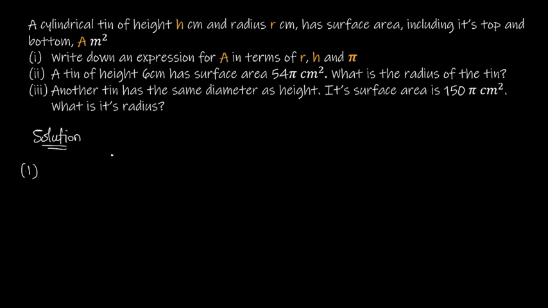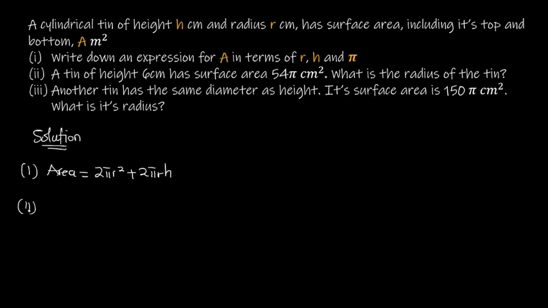Now the area of a cylindrical tin which has both the top and the bottom there and not removed is 2 pi r squared plus 2 pi rh. So this is the expression for the area of a cylindrical tin having both the top and the bottom covered. So this is the expression for part I.